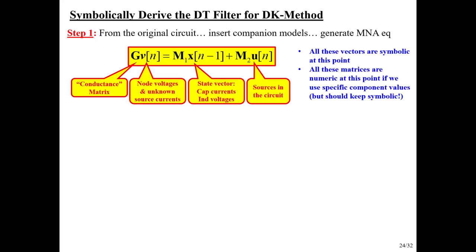It's going to be the audio coming into our model. And at this point, the matrices technically are numeric, because there are numbers in there from our components. But we really do need to keep them symbolic until we code this.